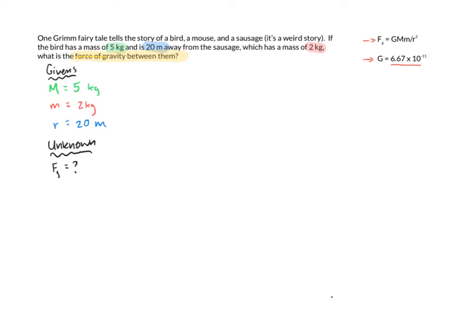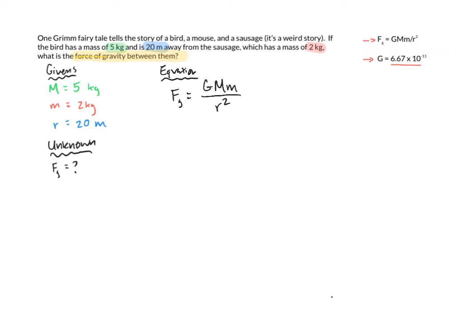So our equation is F sub g, the force of gravity, is equal to the gravitational constant G, times capital M and lowercase m, our two masses, divided by the radius between them squared, so the distance between them squared.